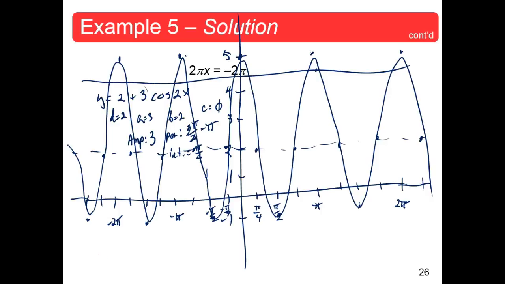Max, they call them zeros, they're no longer zeros, they're our 2s, min, 2, max, 2, min, 2, max, like that. And same thing going backwards. Does that make sense? You started at the first maximum because it was a cosine function and you didn't have a horizontal phase shift. Your C was 0.